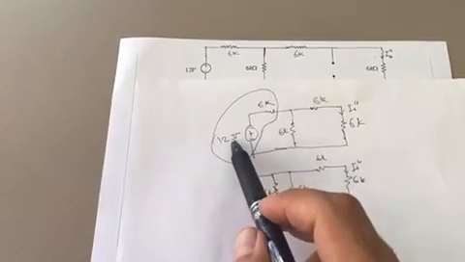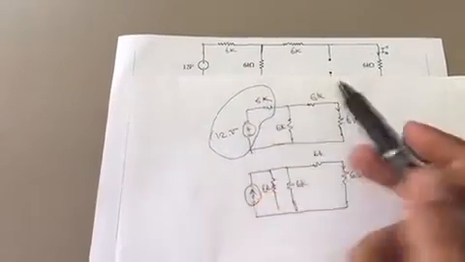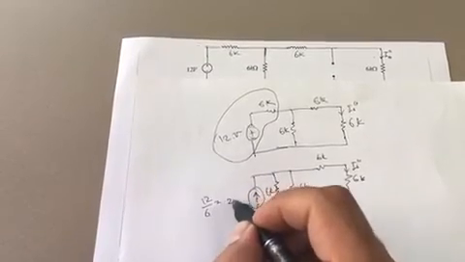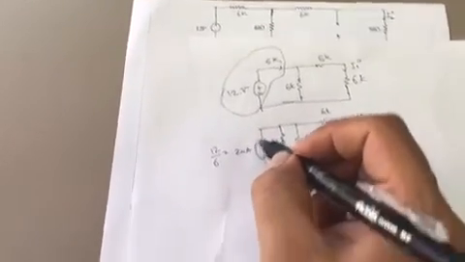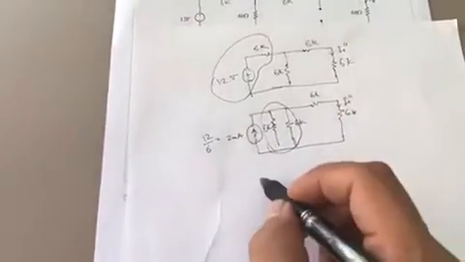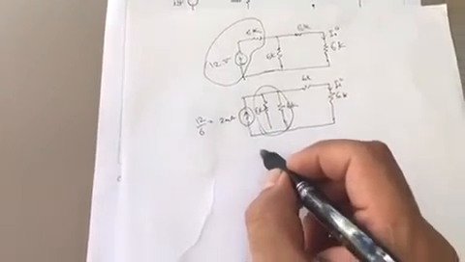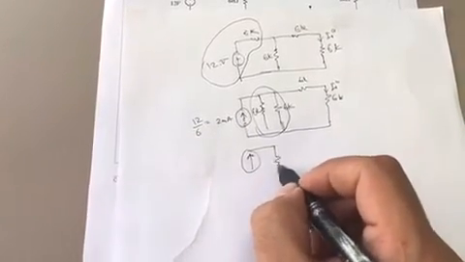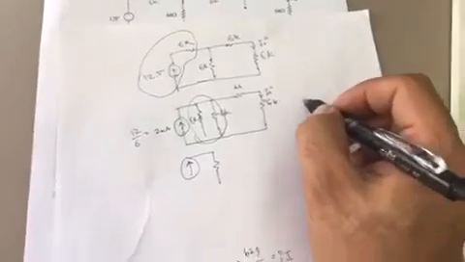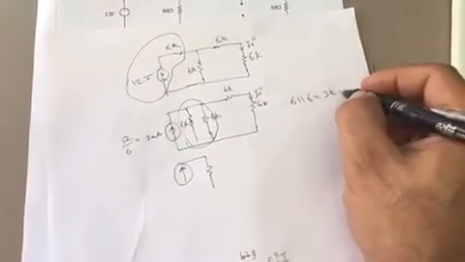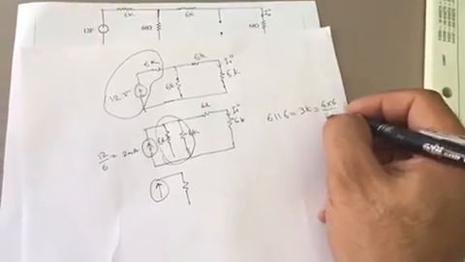If you have 12 volts and a 6K, your current is going to be 12 over 6, which is 2 milliampere. Then these two are going to be parallel, so I can redraw it this way: this is my current source, this is a 3K, since 6 parallel to 6 is 3K. This is basically 6 times 6 over 6 plus 6.